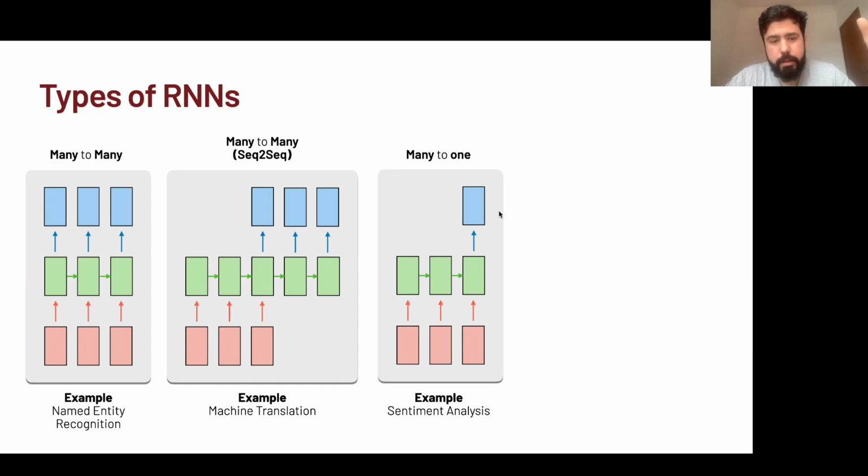I need to know, like, this is a terrible product, right? So when I finish that last word product, then I'm ready to say, oh, this is a bad or a good sentence. Because I don't know, maybe the last word is the word that gives the whole bad or good meaning. Right, so we only give prediction at the very end. We kind of disregard these previous outputs here. We don't look at them.